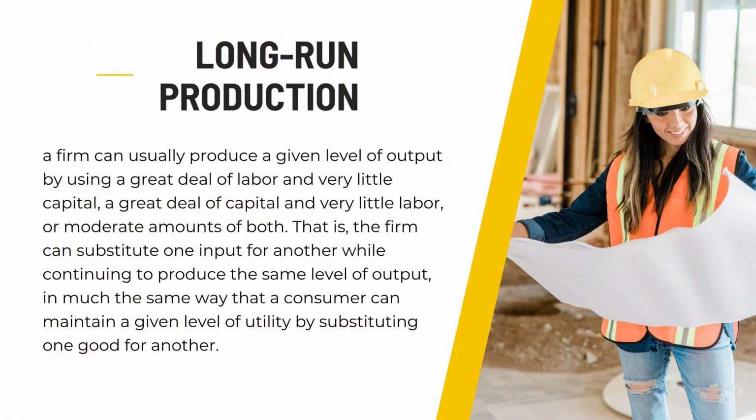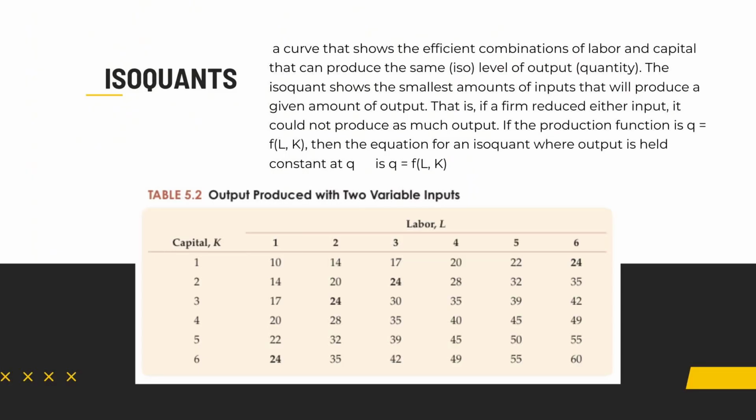Firms have enough time to change their production scale. They can build new facilities, buy more machines, or hire more workers to increase output. So in this period, there are no fixed inputs. Producers can choose the most efficient combination of resources to minimize costs and maximize production.